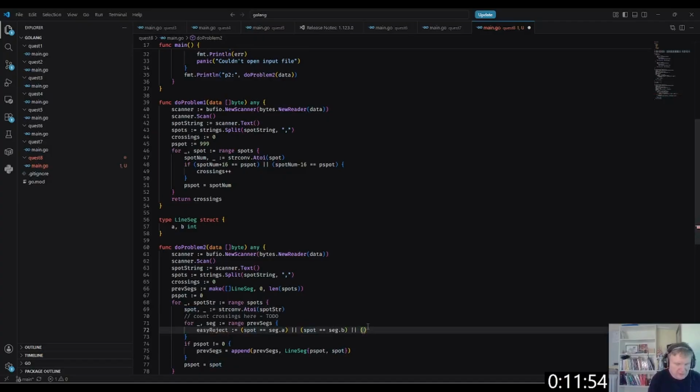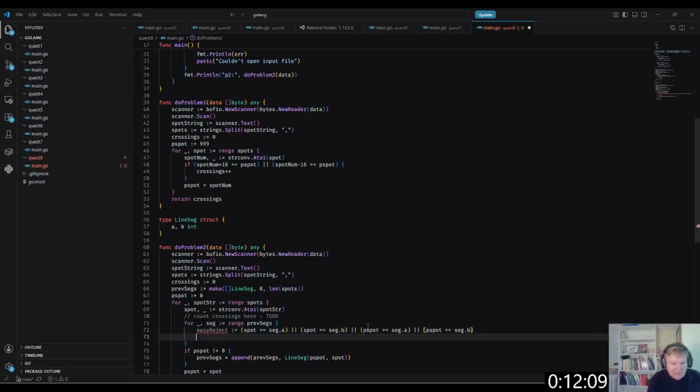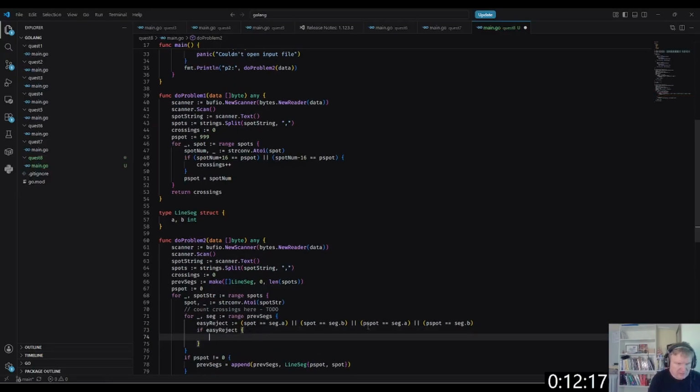Or p spot equals seg dot a or p spot equals seg dot b. If easy reject, continue.